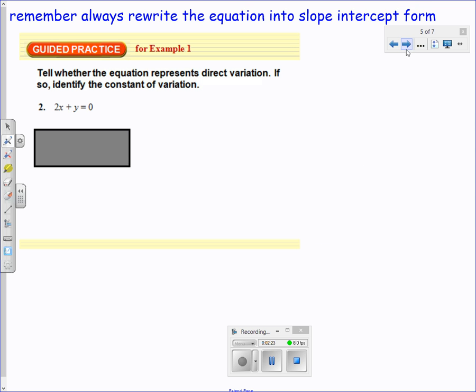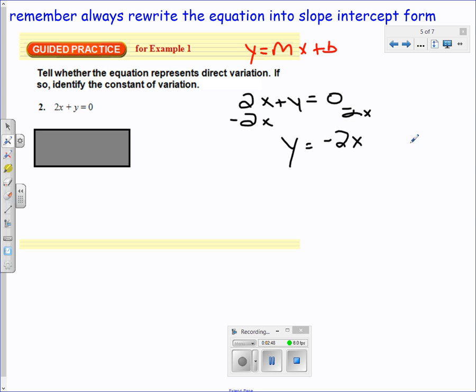Moving on, example 2, same directions. I have 2x plus y equals 0. My goal, what I'm looking for is y equals mx plus b. So I need to get 2x to the other side. The opposite of positive 2x is minus 2x. So I would end up with y equals negative 2x. There is no y-intercept.